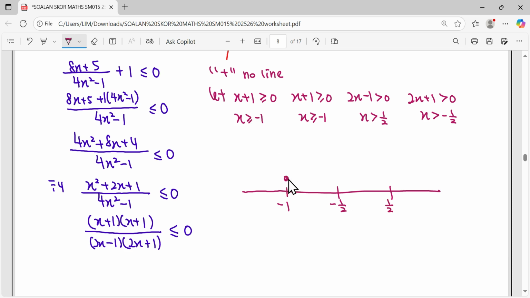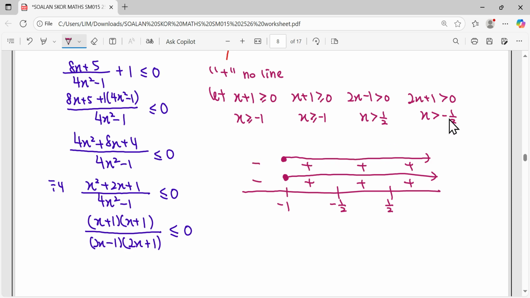More than 1, so the first factor, going to the right, is positive, positive, positive, negative. At the same point, because they are the same factor, we have the same number line here, positive, positive, positive, negative.